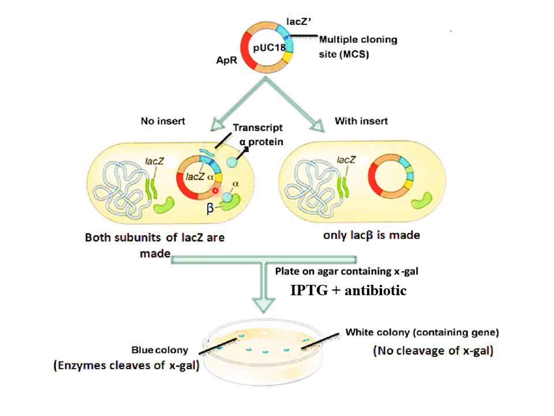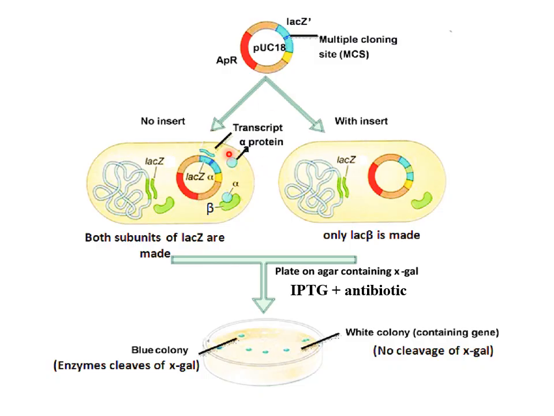But bacterial cells containing this plasmid, either the recombinant plasmid or one without our gene of interest, can both grow because the antibiotic resistance gene is present. If we are adding ampicillin, this will be the ampicillin resistance gene. If we are adding streptomycin, this will be the streptomycin resistance gene, and so on.